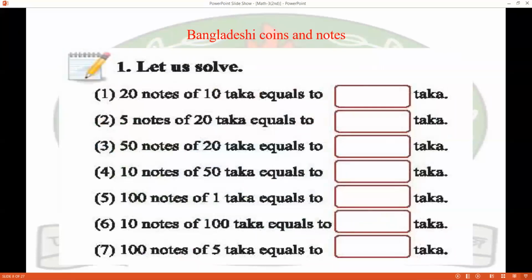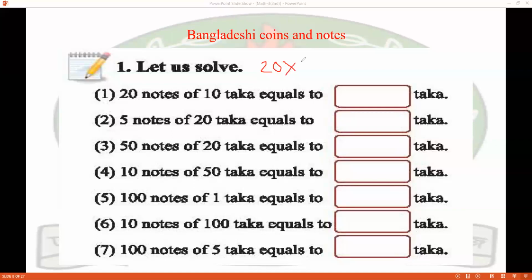Let us solve this problem. 20 notes of 10 taka is equal to what taka? We have to find it. 20 notes of 10 taka.